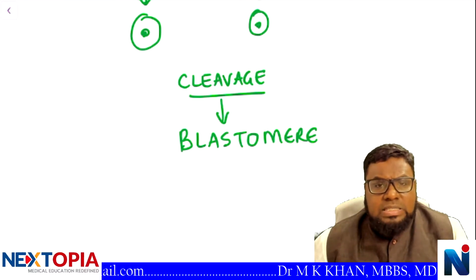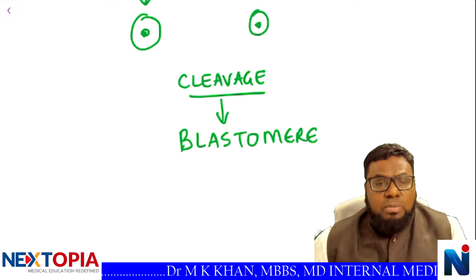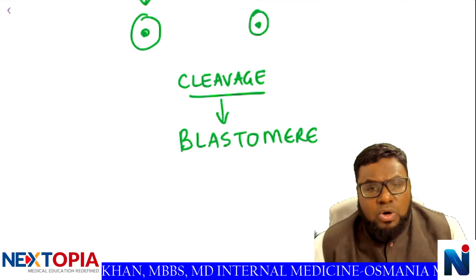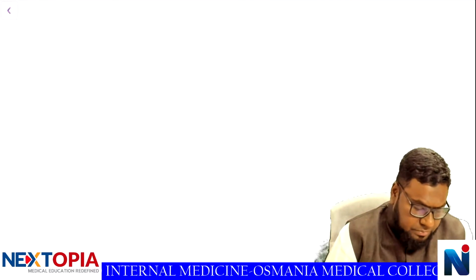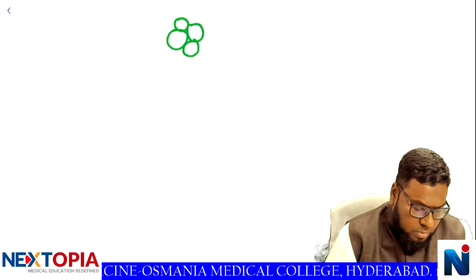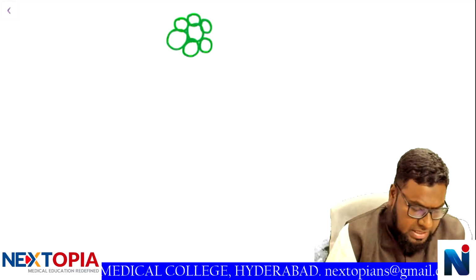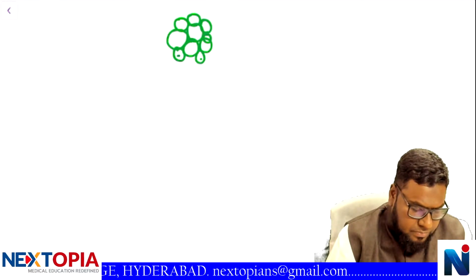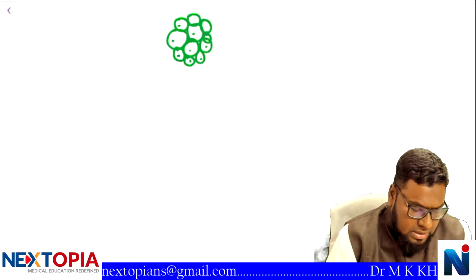So initially in the cleavage, what happens is formation of a morula. Morula means a mulberry-like group of cells, a 16 cell stage, like a mulberry.